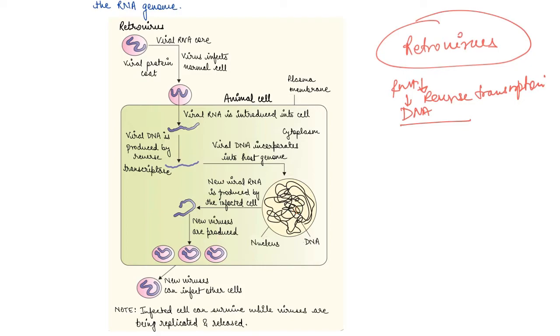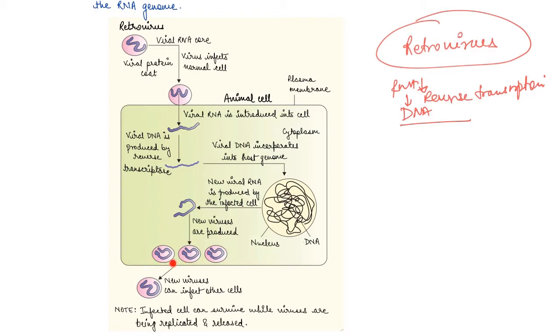Then this cell becomes infected and starts producing new viral RNA. These viruses are now produced and start multiplying, right? So your nucleus starts producing new viral RNA and it starts multiplying.